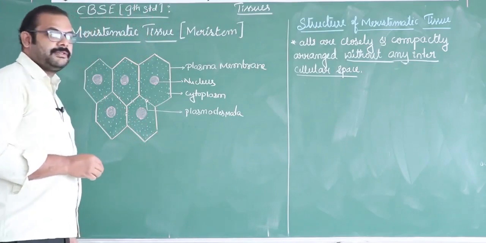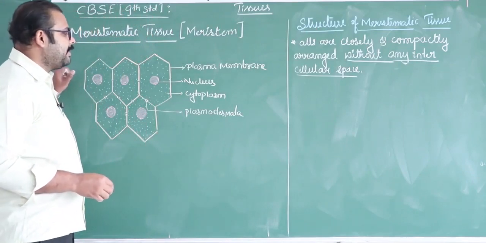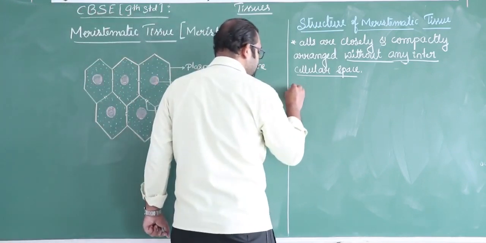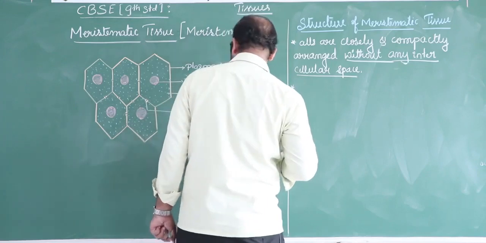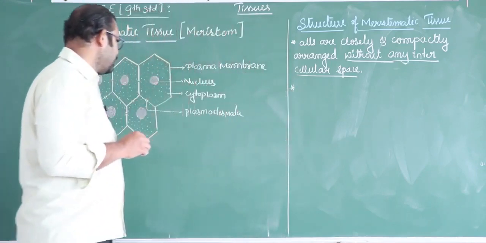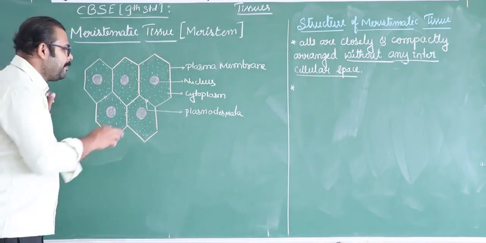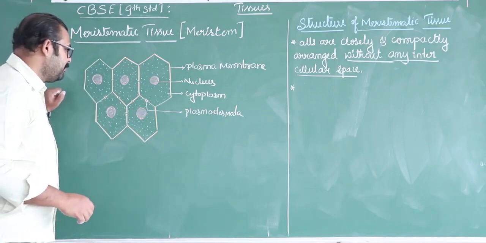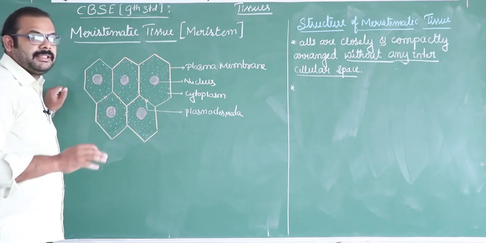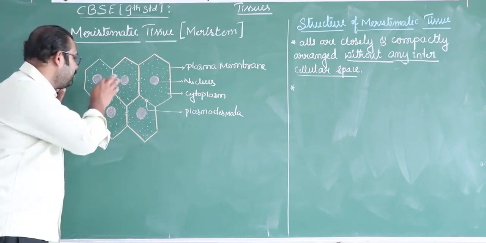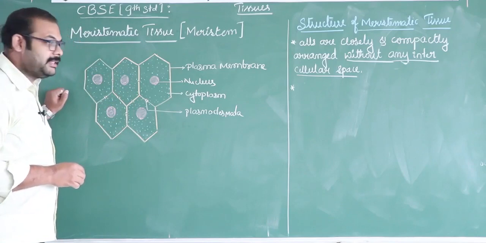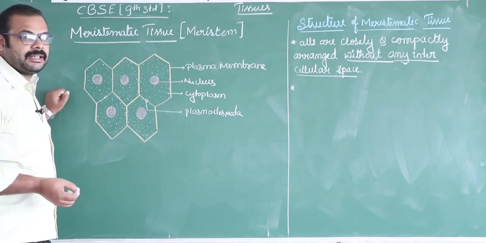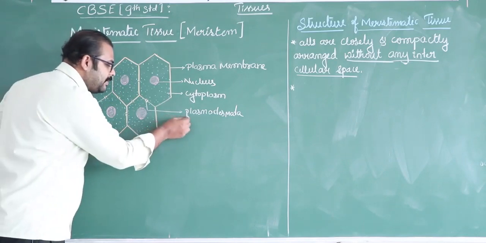Then what are these meristematic tissues made up of? The cell wall is made up of mainly cellulose. And one more thing: as I say there is no intercellular space, whatever contents they produce in a cell have to be transferred from one cell to another cell, and through that there are small channels or openings, called plasmodesmata.